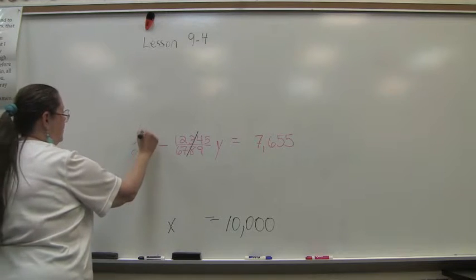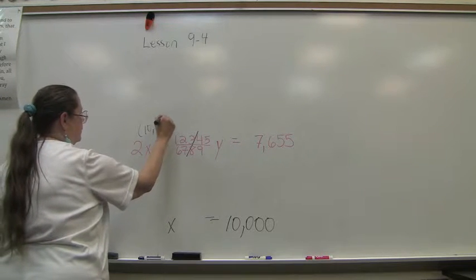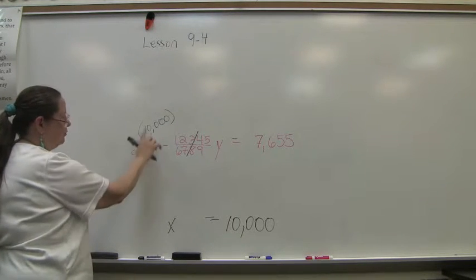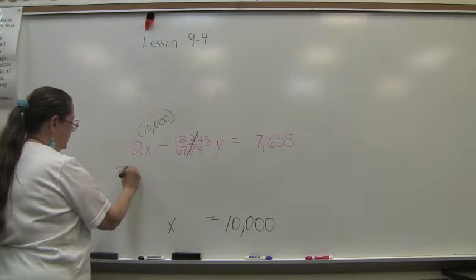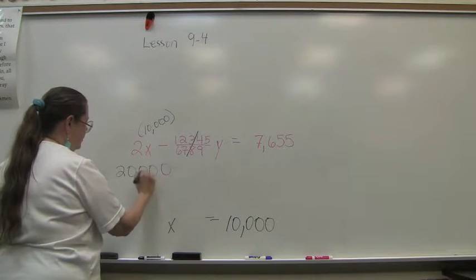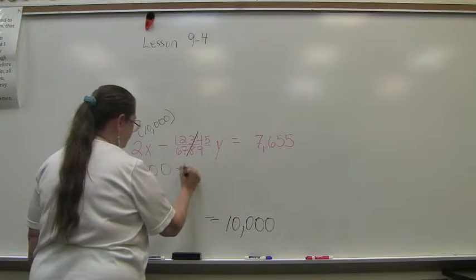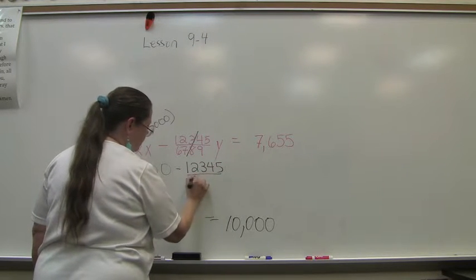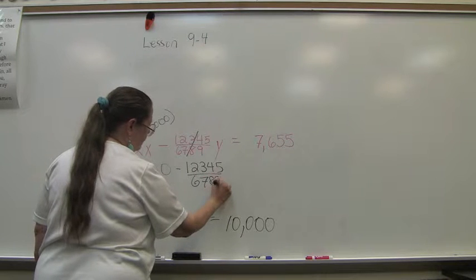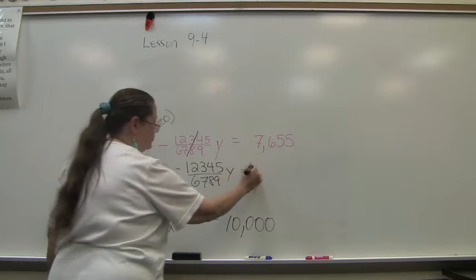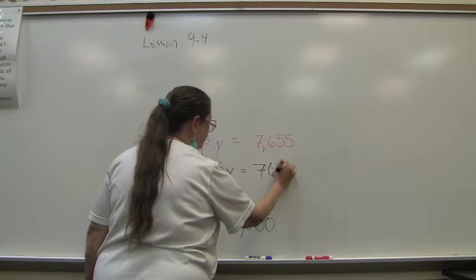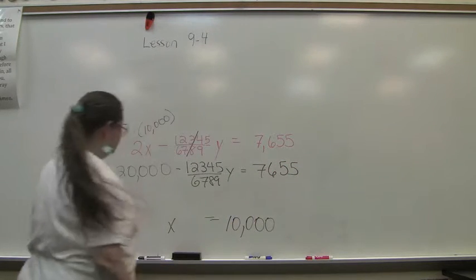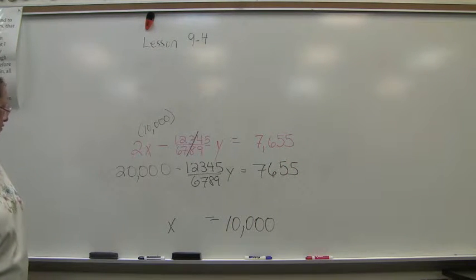So if I put 10,000 in here, I'm going to get 2 times 10,000, that's 20,000, right, minus the icky fraction, equals 7655.